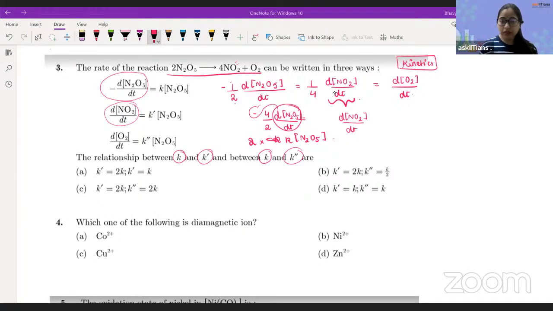Now, this information is written as K dash into [N2O5]. So on comparison, can I say that K dash is equal to 2K?